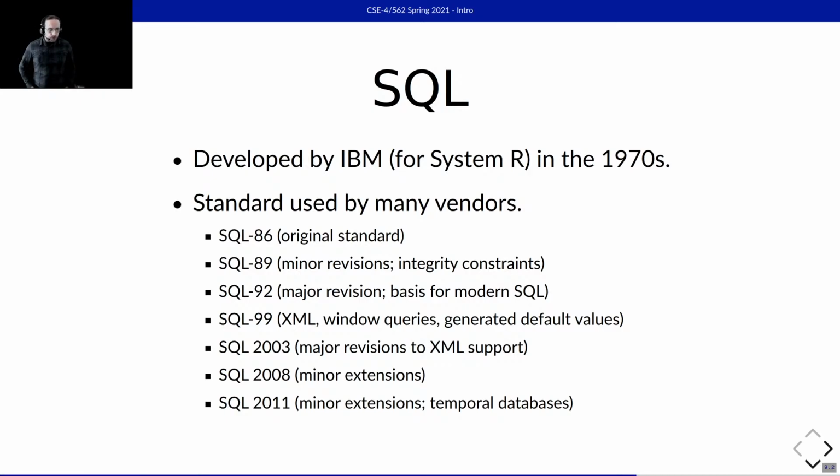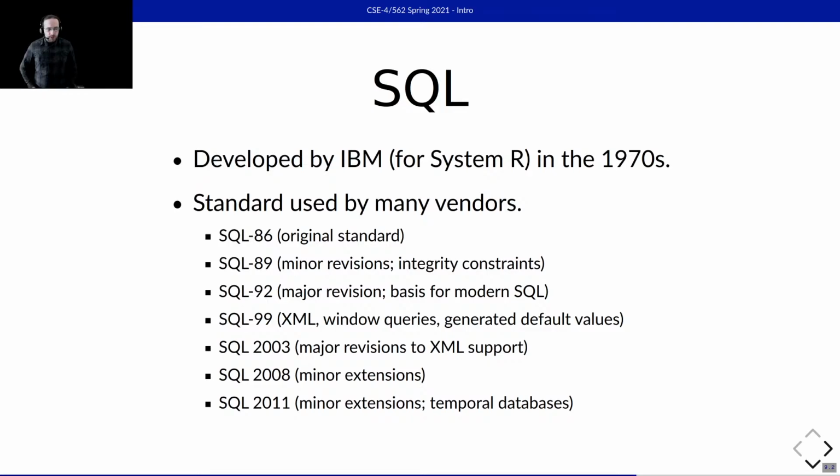For those who do want to stick around, SQL is a declarative language developed by IBM for a database called System R 50 years ago. It quickly developed into a standard and has undergone a number of revisions.